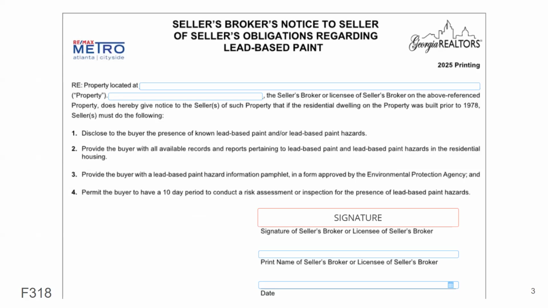Once you go back to the lead-based paint exhibit, Brett, it'll make sense. Because the lead-based paint exhibit says that you've notified them of their obligation, right? Remember that new language in the lead-based paint exhibit that we talked about? So that is what this is tied to.